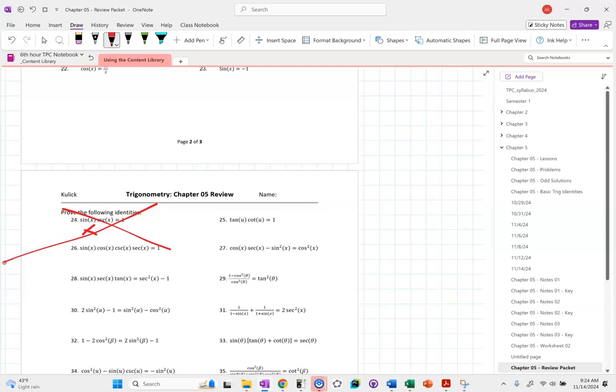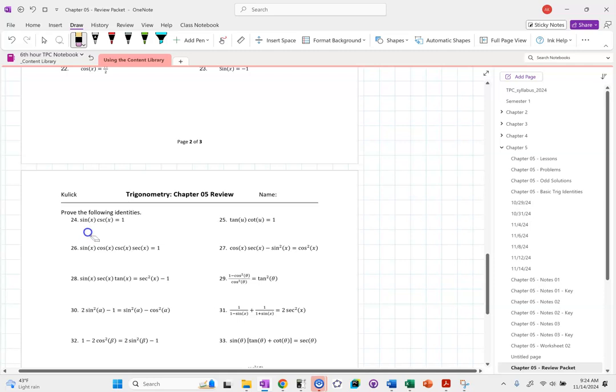You can start it even, and then decide, you know what, I don't like the way this is going, and put a big X through it. Do I need to erase anything? Not if you put a big old X through it. The ones that I see with no X's are the ones I'm going to grade. Would that mean that I would grade a blank one if there's no X on it? Yeah. So put an X on it if you don't want me to look at it.